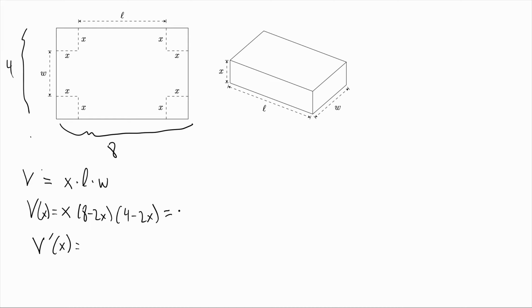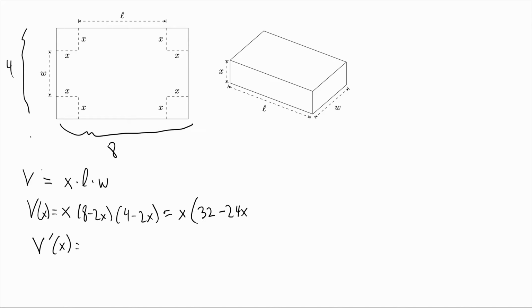I'll keep the x on the outside for a minute. Let's just multiply this through. 8 times 4, 32. Then we have 8 times negative 2x, so that's negative 16x, and then negative 2x and 4 is negative 8x. So that would be negative 24x. Just double check: negative 16, negative 8, yes.